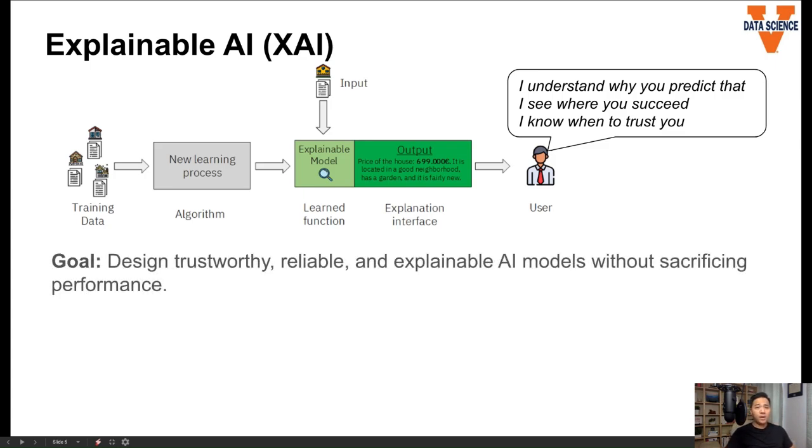So the goal we all want is to design a trustworthy, reliable, and explainable AI without sacrificing performance.